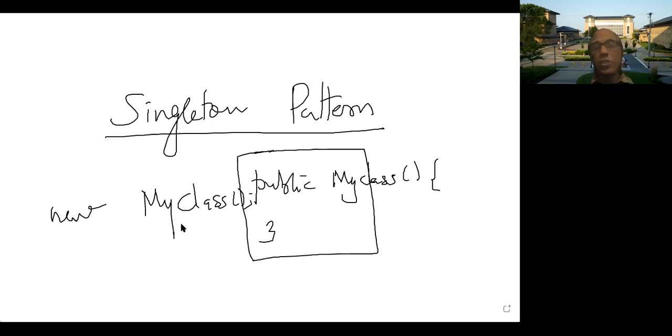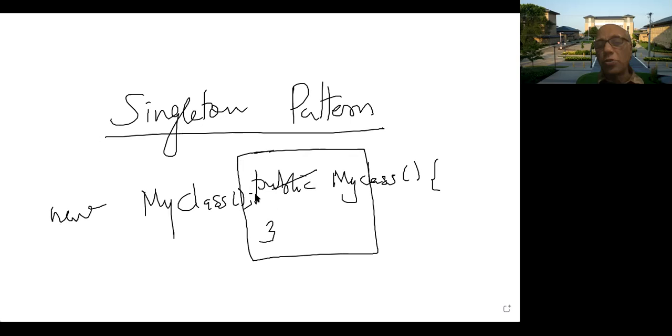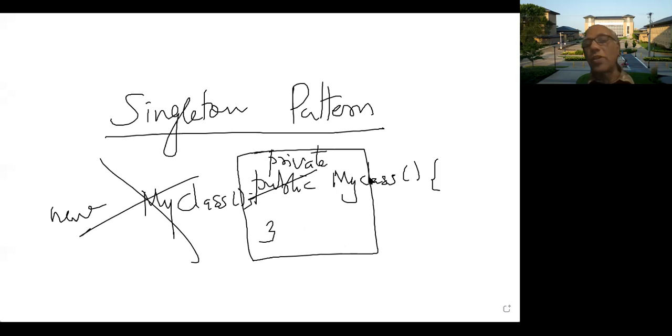And the general wisdom is that if you want only one instance of this, then you should make this private. And that is not an unreasonable thing to say. Then nobody can create an instance of this from the outside. That is why we have an instance method, which will create an instance of my class and then return that instance. So that is the general wisdom.